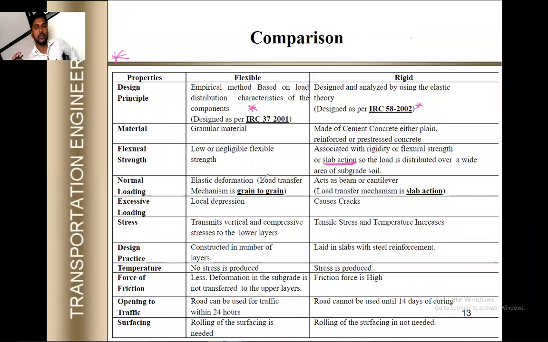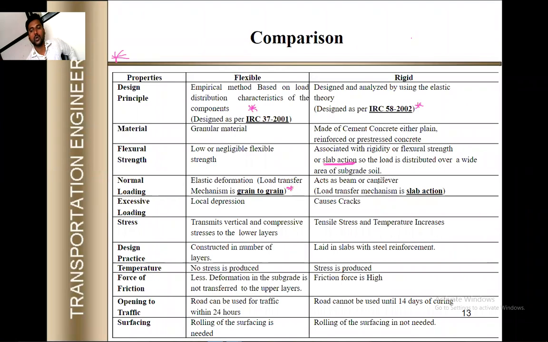But in the rigid pavement, whatever load is coming from the surface, that load is transferred by slab action, because all the concrete member acts as a slab. Slab action, we can say beam action, all the load can be transferred by that. Excessive loading, local depression.